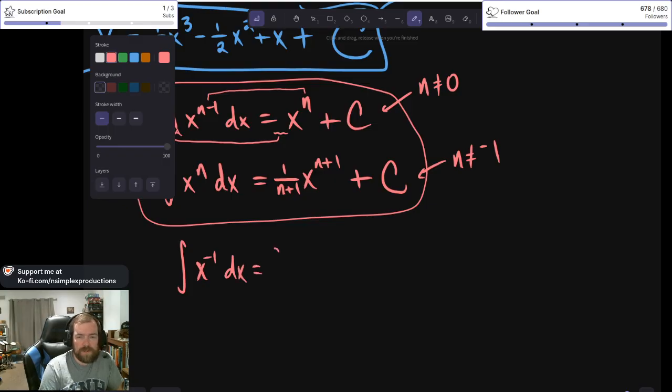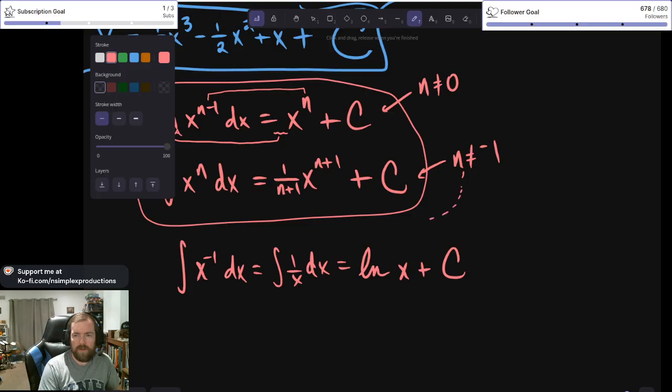This is the integral of 1 over x dx. What derivative is this? This is just a derivative-antiderivative pair with the natural log of x plus c. If n is -1, it has this special rule because it belongs to the natural log stuff.